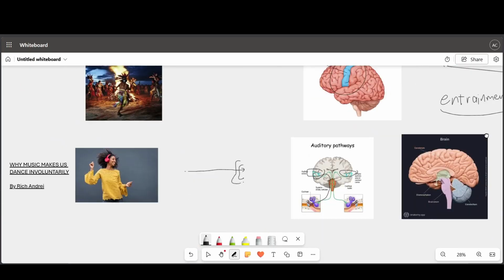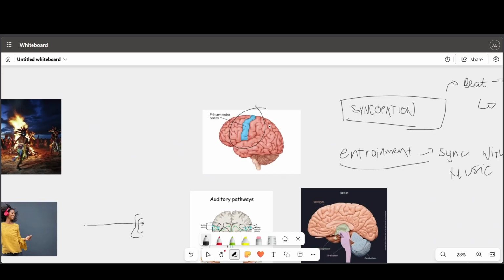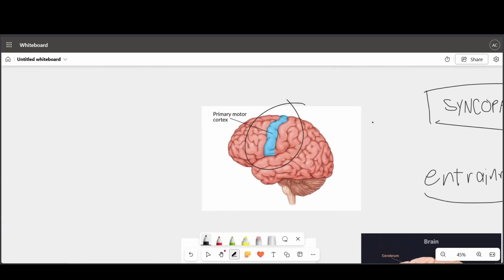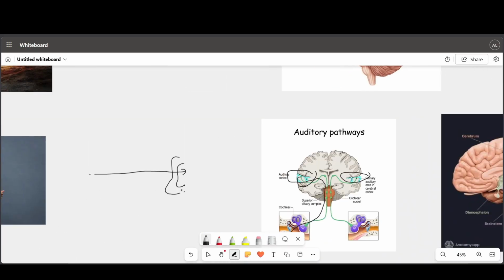It's a mix of your brain's motor functions and the way signals travel to your brain from your ears.